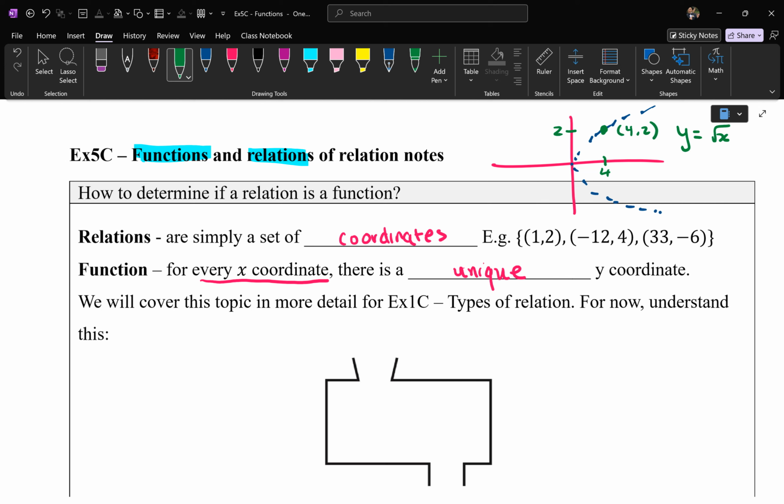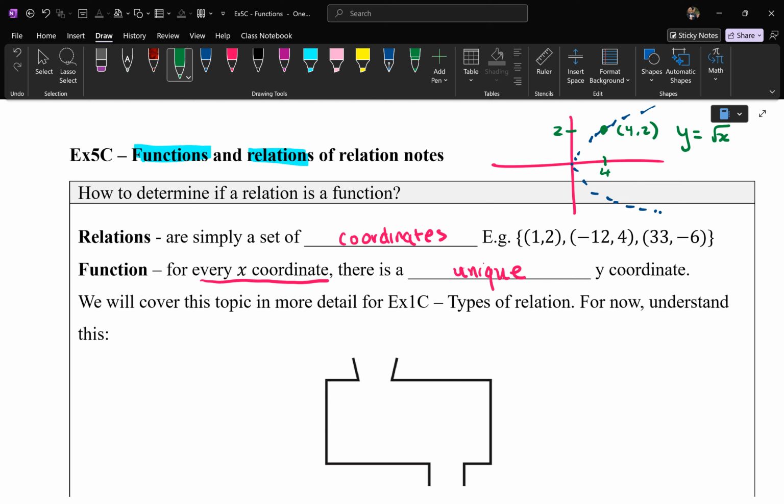So for every x coordinate, there should only be one unique y coordinate. But what you can see in this graph here is that at 4, I can have 2, but we also know that the root of 4 is not just 2, it is also -2, so it's plus and minus. So when you look down, there is also a second coordinate right here, where x is still 4 again, but then the y value is -2.